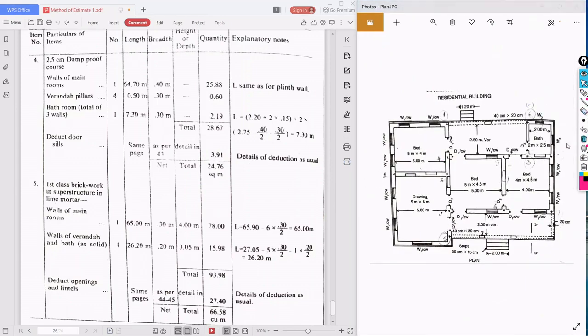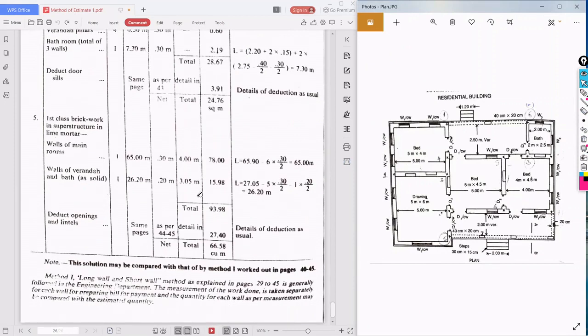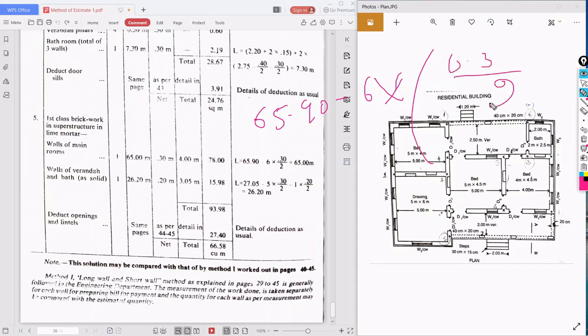Now similarly for first class brickwork. Walls of the main room, it is 65.90 minus 6 into 0.3 by 2.